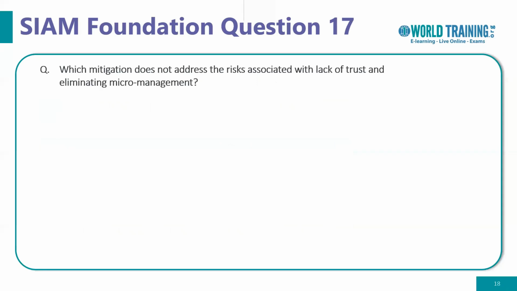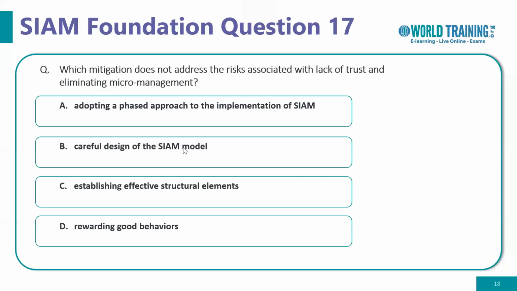Let's look at which mitigation does not address the risks associated with lack of trust and eliminating micromanagement. So here we are talking about what does not address those risks. Adopting a phased approach to implementation of SIAM is irrelevant.